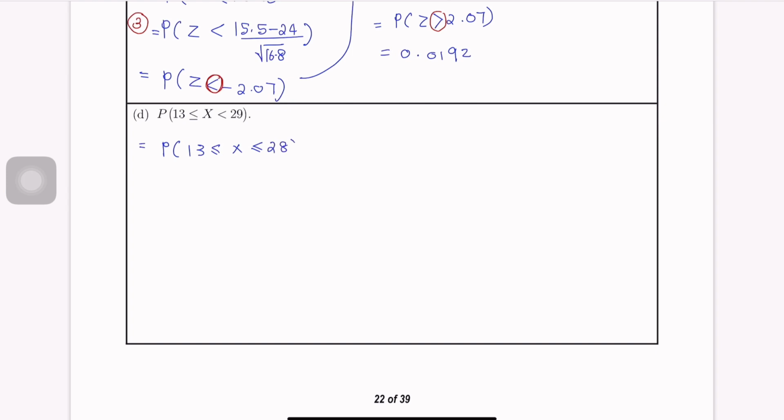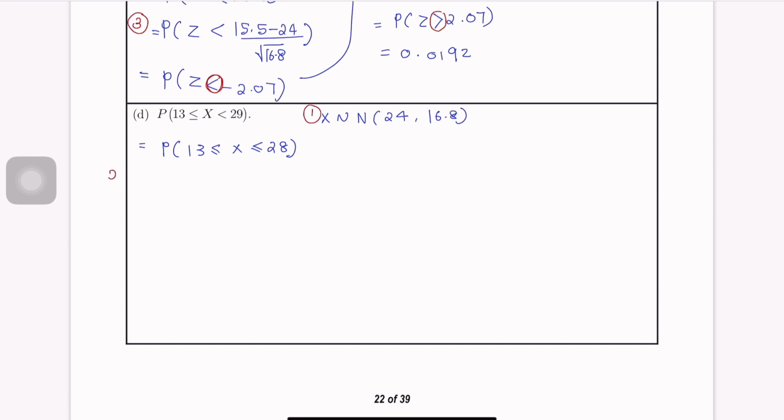Yes, 28, because the maximum is 29 but we don't need 29. So what is before 29? 28. So change it to the equal sign. X is normally distributed with mean 24, variance 16.8, which we already calculated from the previous example. So this is the first step.